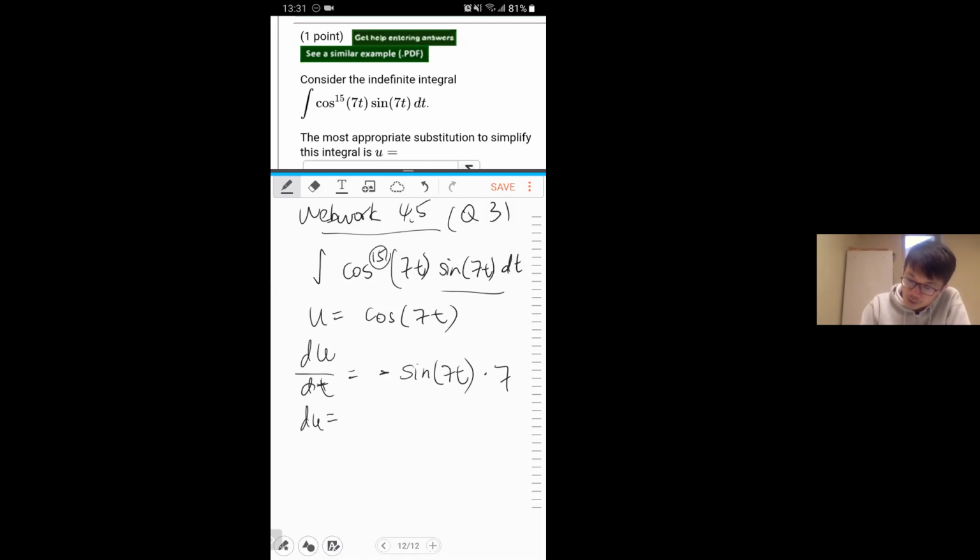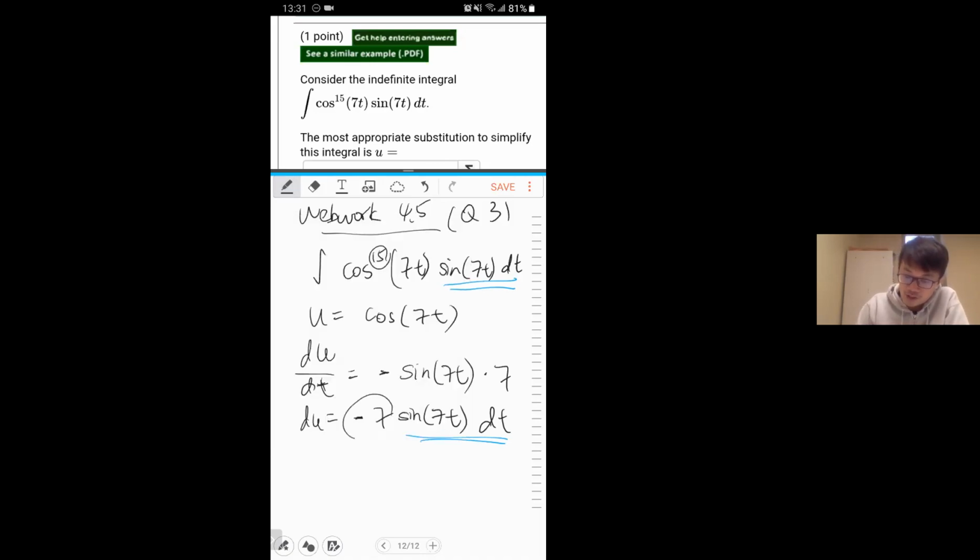So du equals negative 7 times sine of 7t dt. This is what I mean: this thing right here looks exactly the same as the sine of 7t times dt.